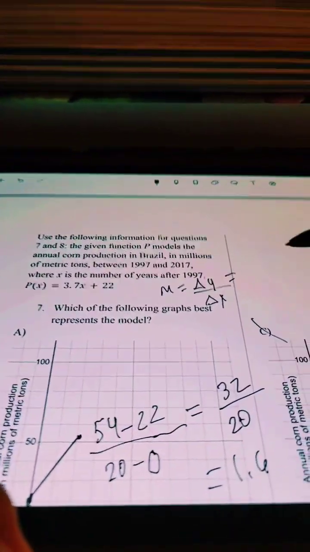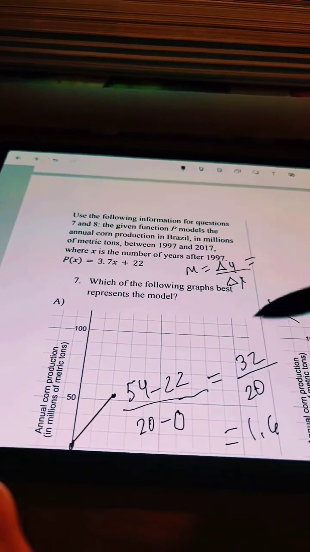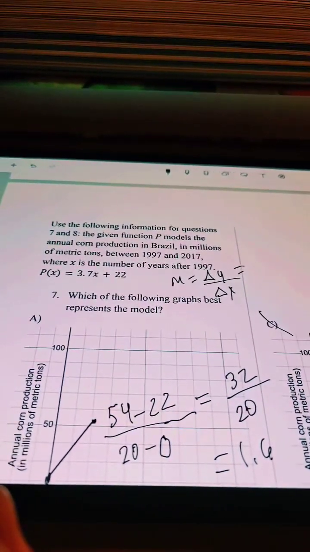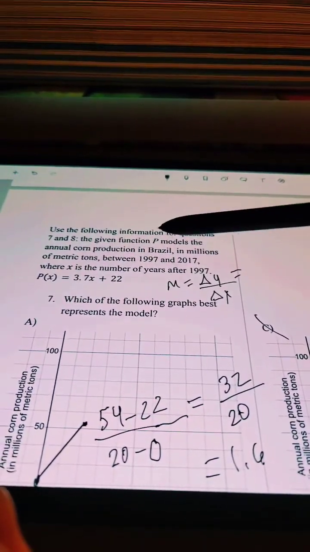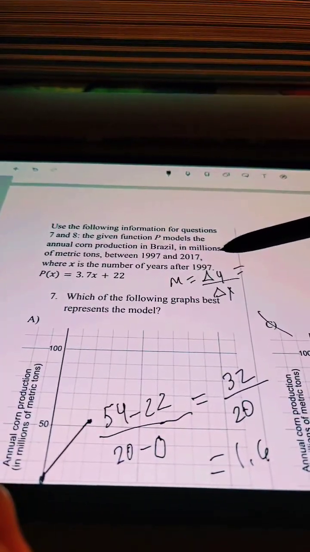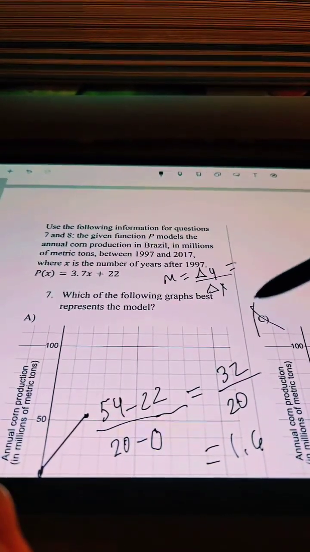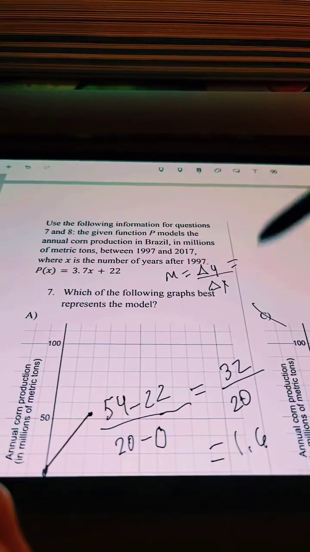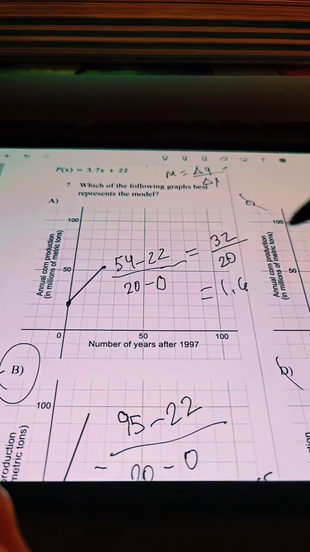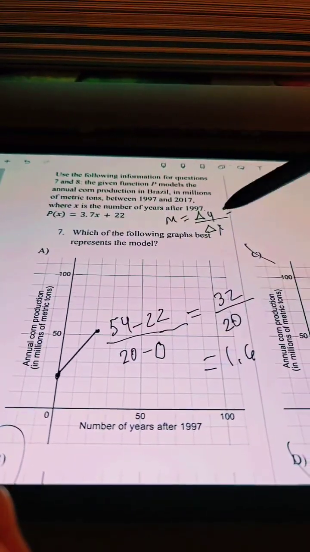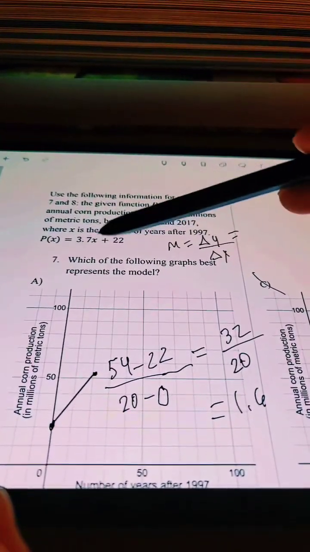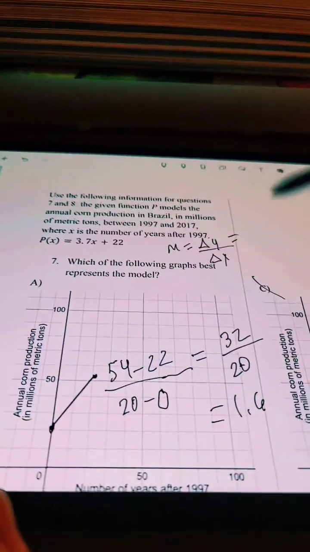Y is going to be the annual corn production in millions of metric tons. And then the x is going to be the number of years, which you can see in the answer choices as well, but you also know from the context of the problem.